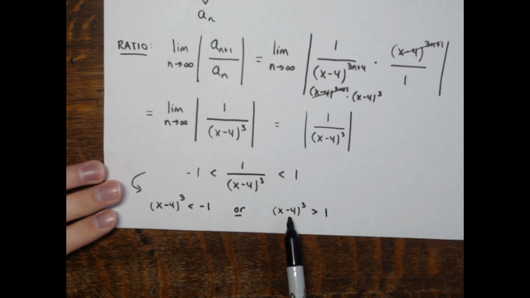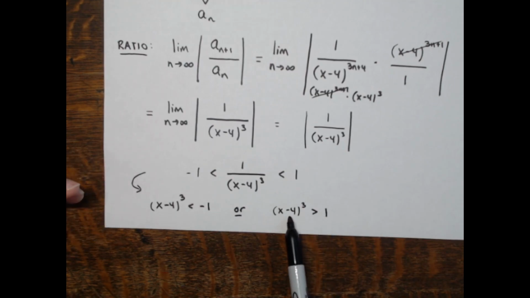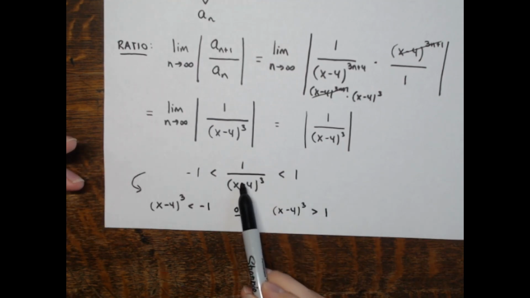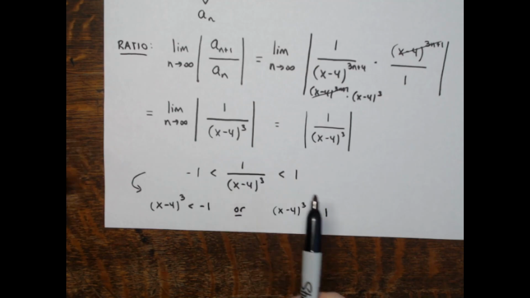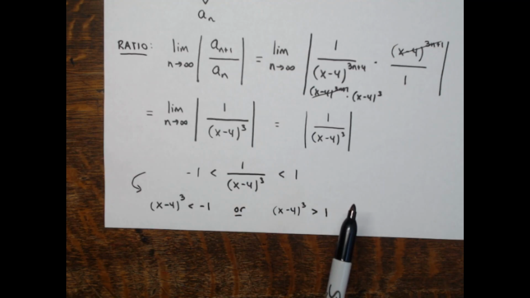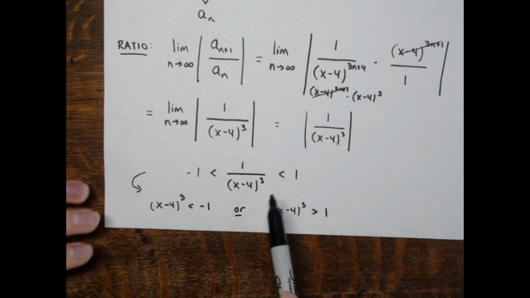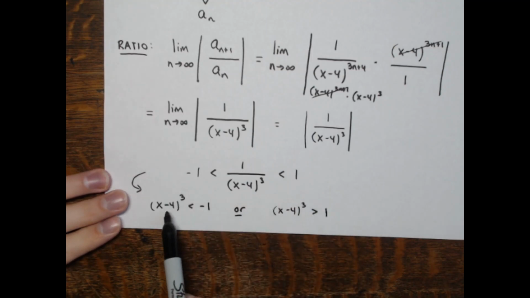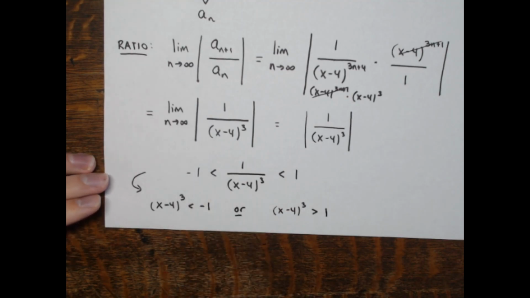Because if you're greater than positive 1 and you do the reciprocal, you'll be less than positive 1. And if you're less than negative 1 and you flip it, you'll be greater than negative 1.